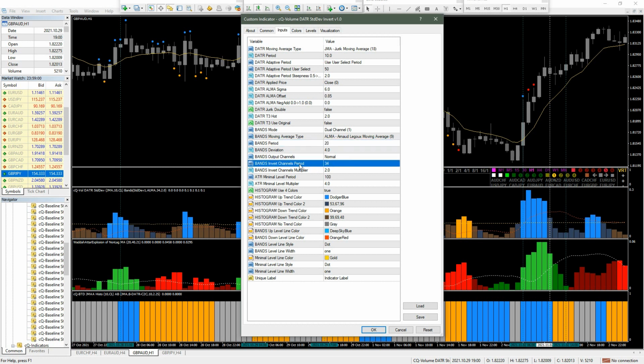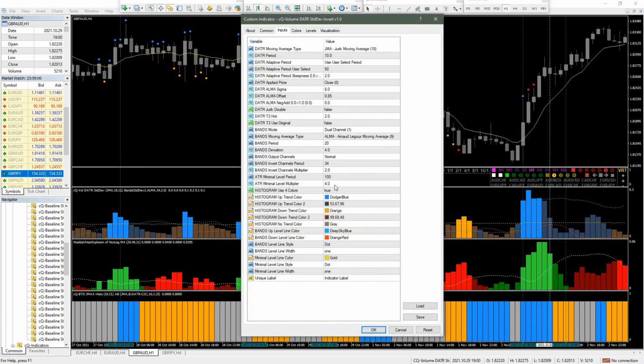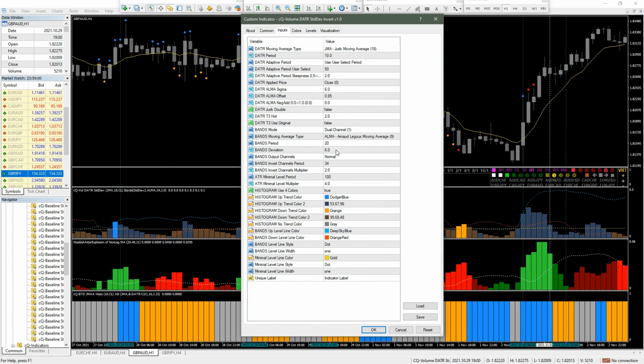You can try it and see what you come up with. The inverted one is subtracted from the one that goes up. For example, if I make this 6, it went higher, and very few of the bars are being hit.